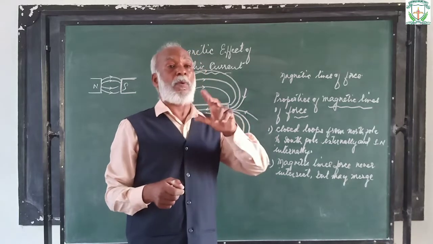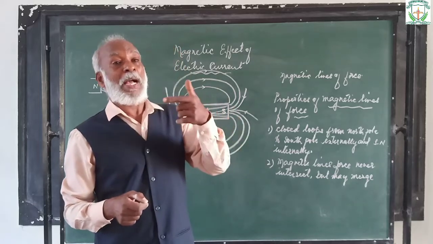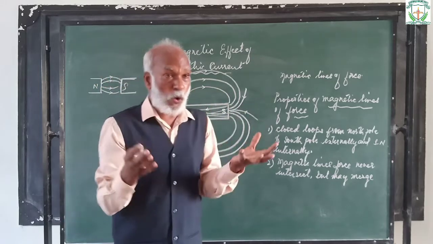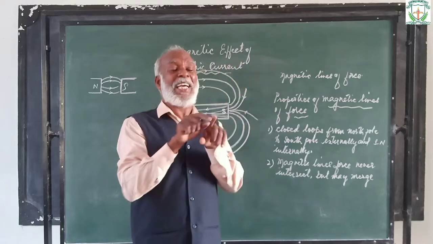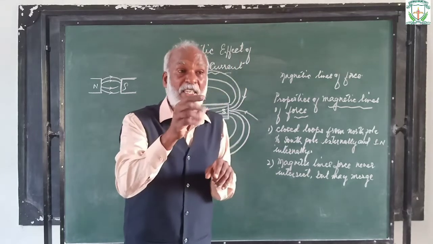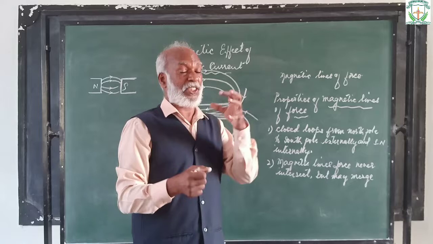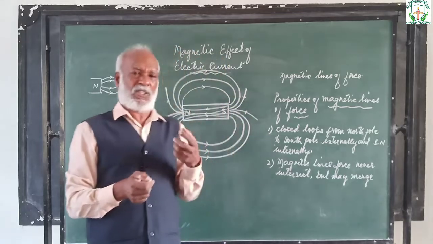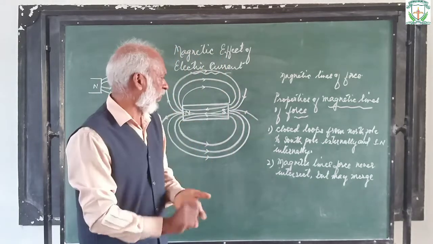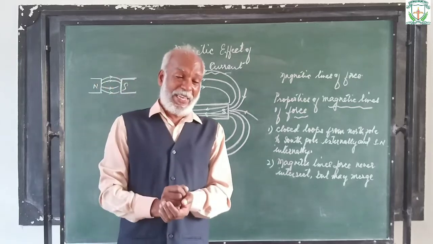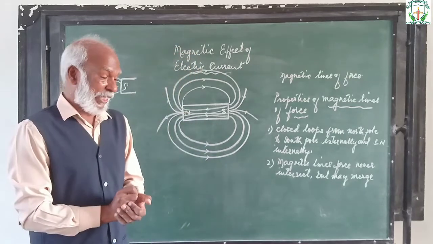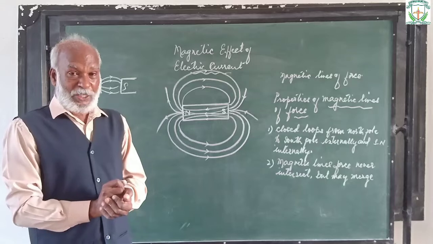If the number of magnetic lines of force is more per unit area, then the magnetic field is strong. The strength is more. If it is less, the strength is less. The strength of magnetic field is measured in a unit called Oersted.